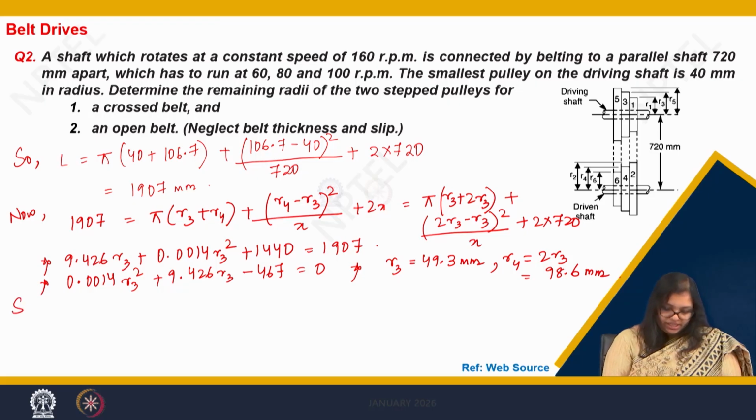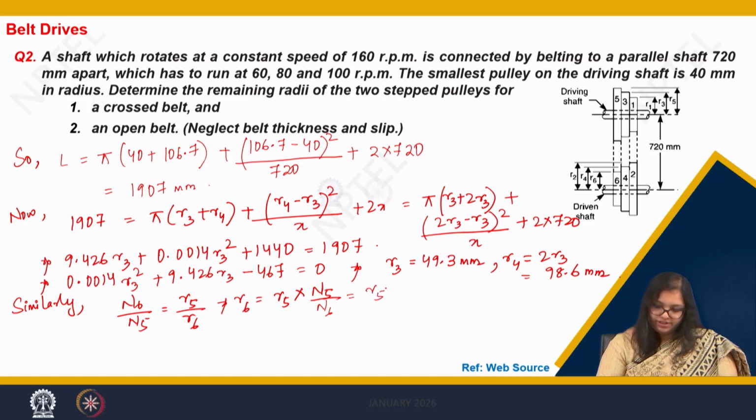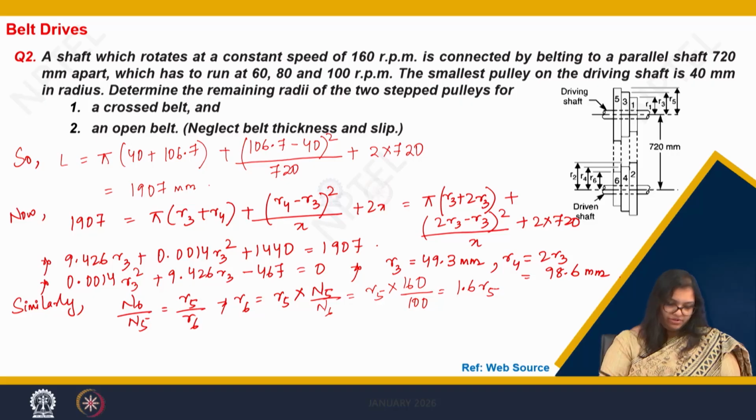Similarly, we have N6 by N5, which is equal to R5 by R6, which gives me R6 is equal to R5 times N5 by N6, which is equal to R5 times 160 by 100, which is equal to 1.6 R5.